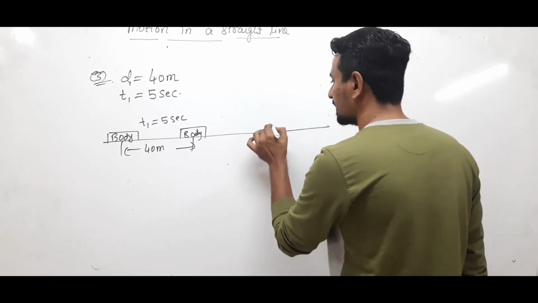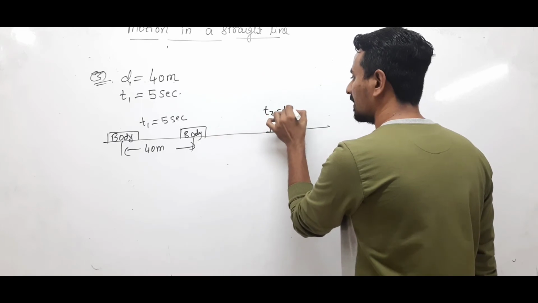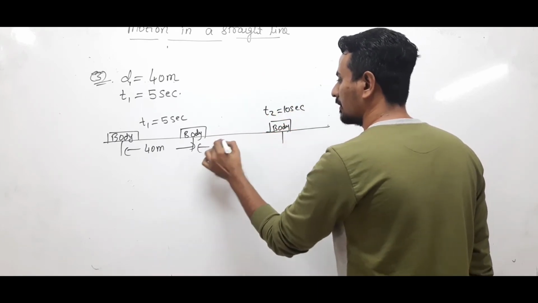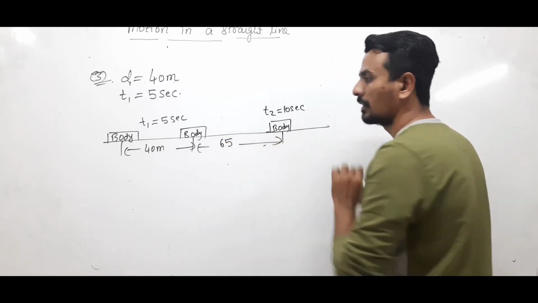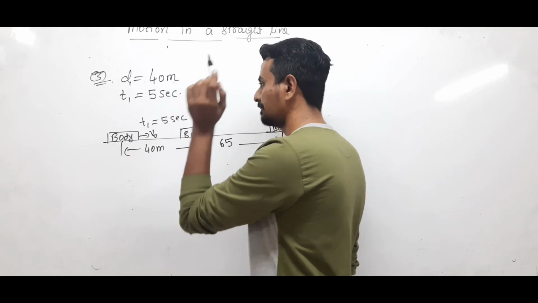So in the next 5 seconds, that means this is 5, this will be 10, this is 65. Clear? You have been told to calculate the initial velocity v0.